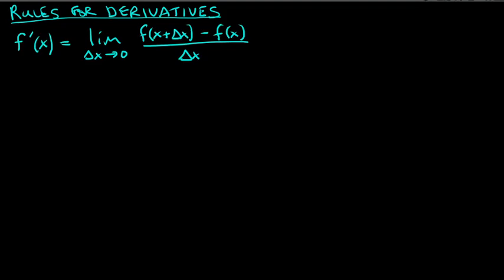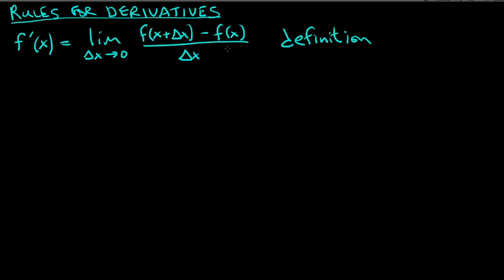So the next section, I believe, is 2.2 in the book, and we're going to start finding derivatives, but not using the definition anymore, right? This is the definition that you had to use on the first test, and we know what a pain this is to have to use, in most cases.